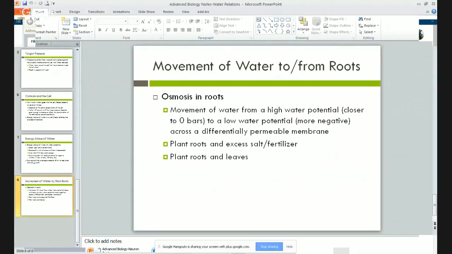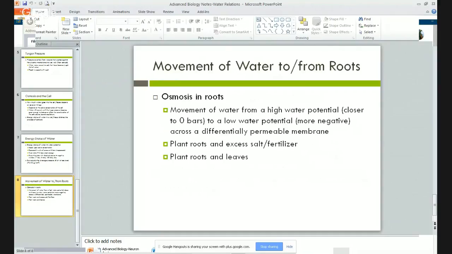How this applies is these last two bullets there: plant roots and excess salts or fertilizer. The reason why this can be such a problem is if you look at that last doodle that I've got there, the root has an energy potential of -5 bars, but the soil has maybe dissolved rock salt from, say, a winter storm. Now that rock salt's dissolved into the soil, and that soil water now has an energy potential of -15 bars.